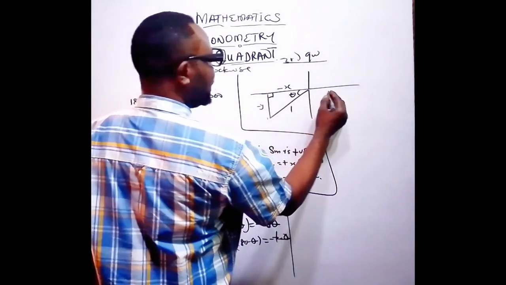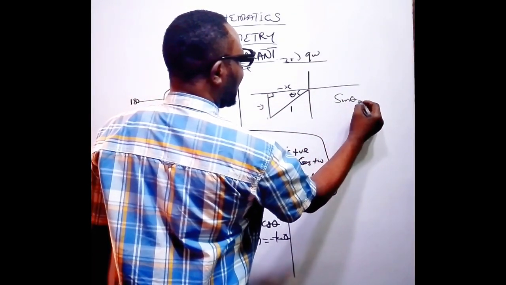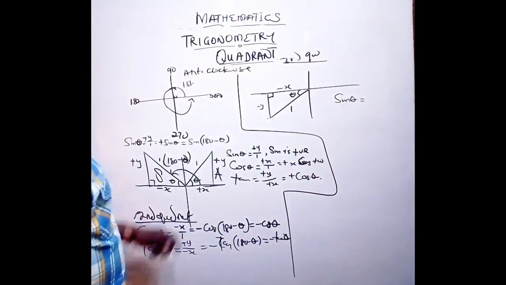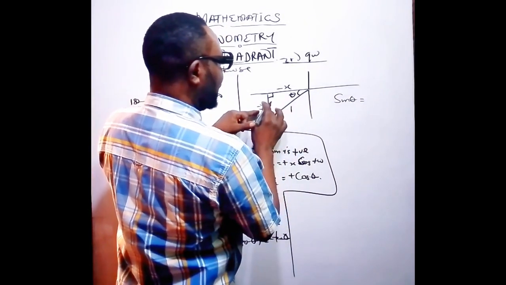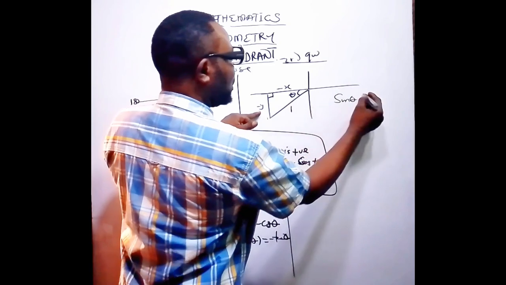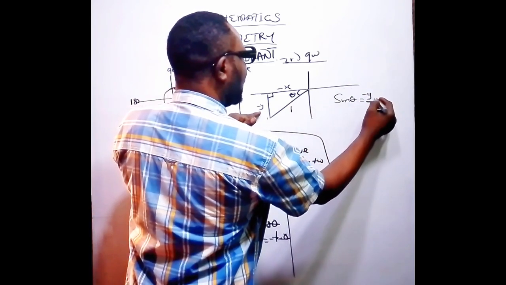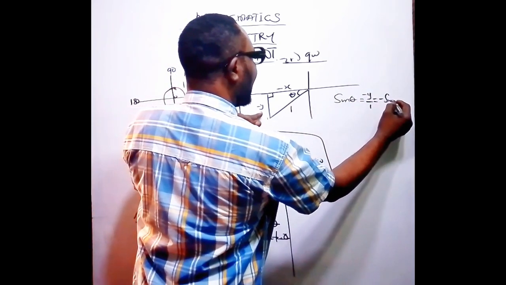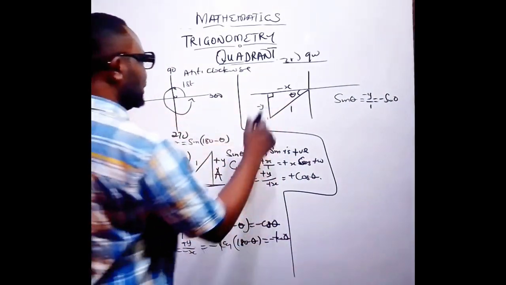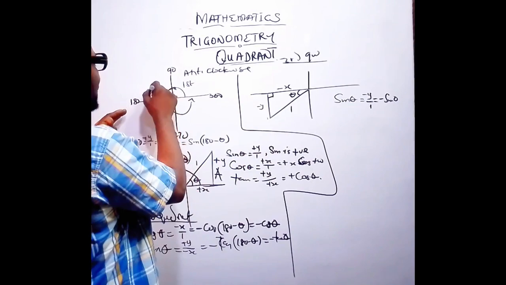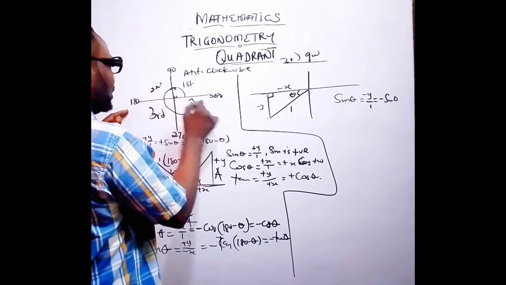Now, at this stage, sine theta here will be equal to what? Opposite over hypotenuse, that's minus y over 1, which is going to be equal to minus sine theta. Now, at the third quadrant here, this is the second, third, fourth.